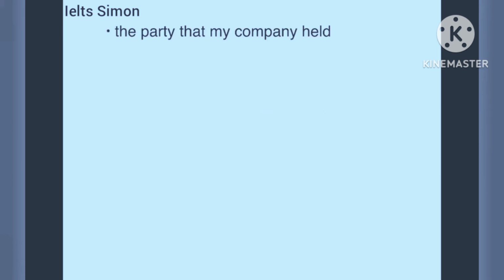The party that my company held. I mentioned that earlier in the lesson, using the verb hold, to hold a party instead of just to have a party. It's a bit less common. Not many people would think to use that verb. The event commemorated. That word means the event was to remember something or to mark an occasion.